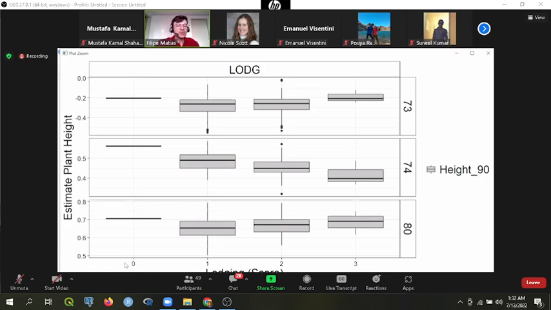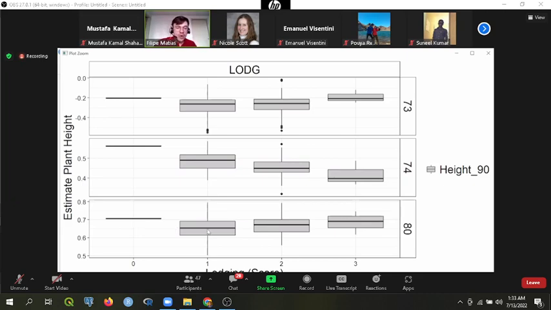On the x-axis, we have the lodging scores from 0 to 3, and on the y-axis we have the estimated plant height from that specific day at the 90% quantile. We have our reference for height and no lodging. This is a genotype that never lodges, a taller plant.